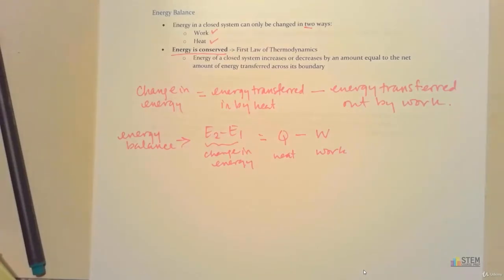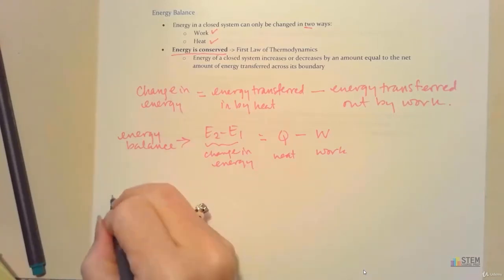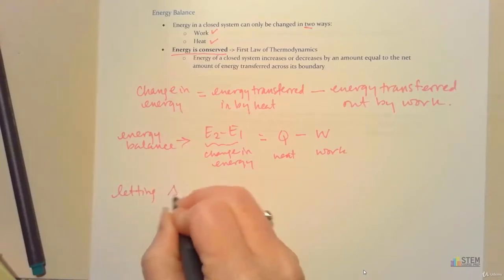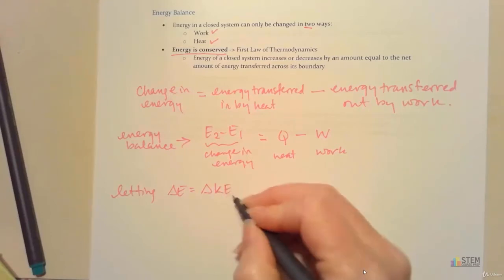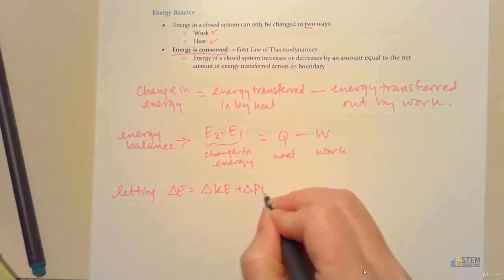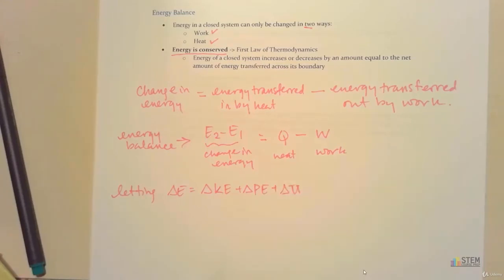Now if you remember, in one of the previous videos, we talked about a different equation for change in energy. The change in energy has to be the same if we're talking about the same system. So that means that we can let delta E also equal the delta E we had before, which was delta KE plus delta PE plus delta capital U. So our change in energy before was the change in kinetic energy plus the change in potential energy plus the change in internal energy.